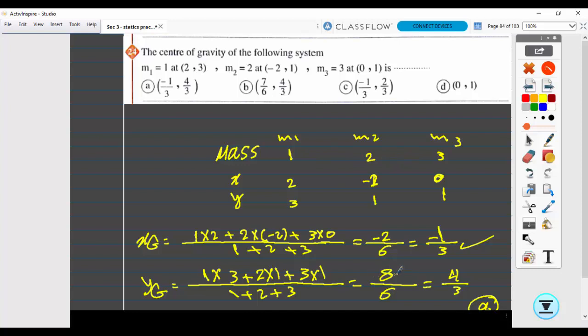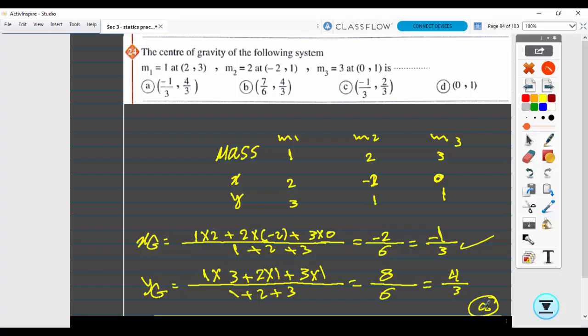So the result equals 8 over 6, which equals 4 over 3. And here is the answer at letter A: negative 1 over 3 and 4 over 3.